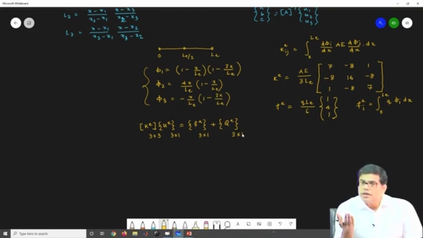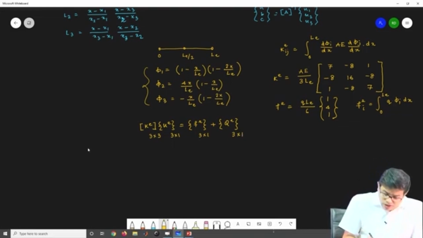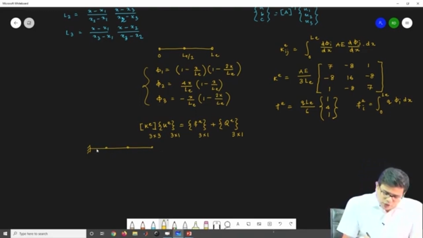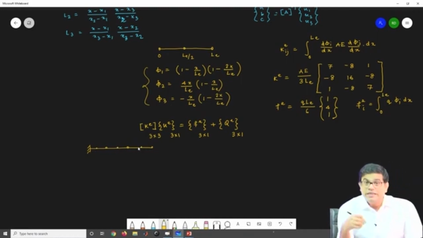We have to assemble the matrices and we have to assemble the force vector. So if for the problem that we discussed in the last class, I now have three quadratic elements, then essentially we will have a middle node in each, so the number of nodes increases.